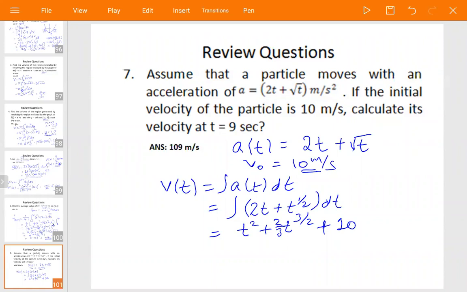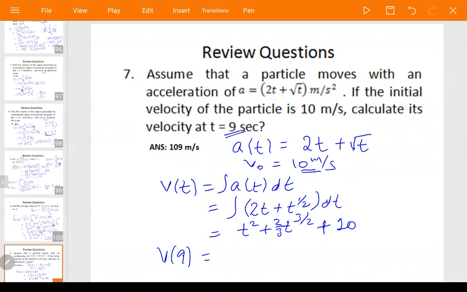Now, what we are asked is to find its velocity at time t equals 9 seconds. Therefore, it is a matter of replacing t with 9.